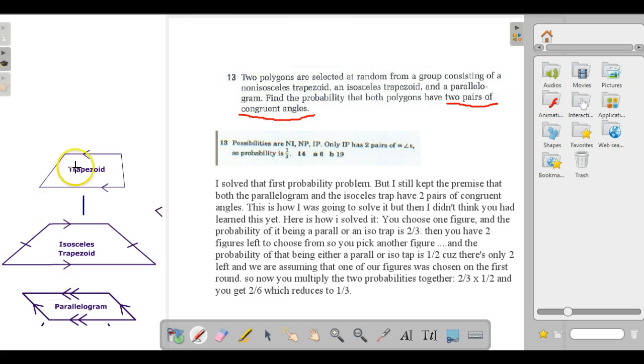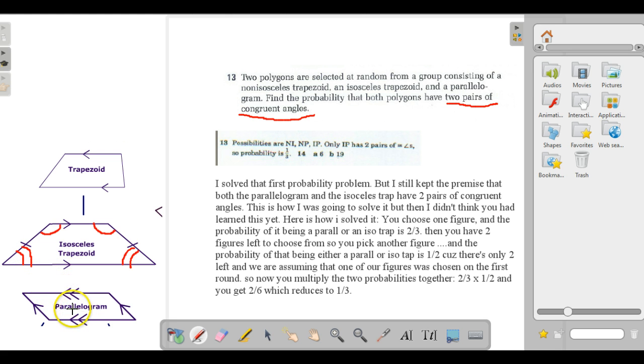We have to look at our figures and say, okay, which of these three figures even has two pairs of congruent angles? Well, the trapezoid doesn't, but the isosceles trapezoid does. It has one pair here that are congruent to each other and another pair here that are congruent to each other.